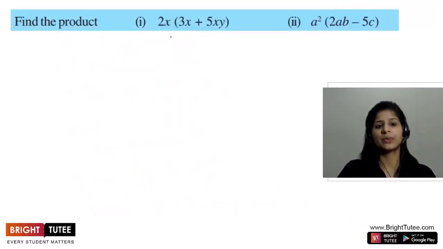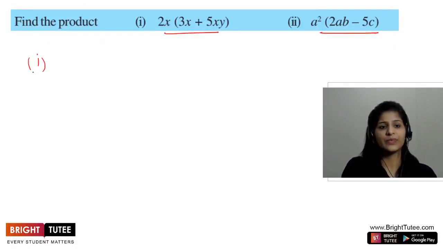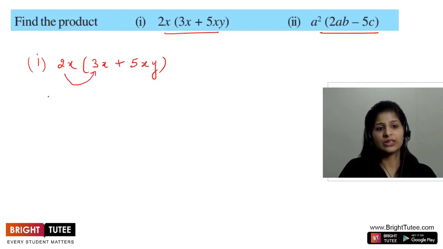So let's see this question. Here you have to find the product of this and this. In the first one, 2x is multiplied with 3x plus 5xy. First of all, you will multiply 2x into 3x, then the plus sign, whatever the sign is in between the terms. Then 2x will be multiplied with 5xy.